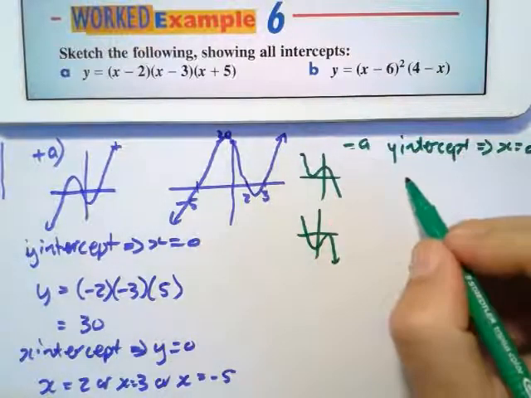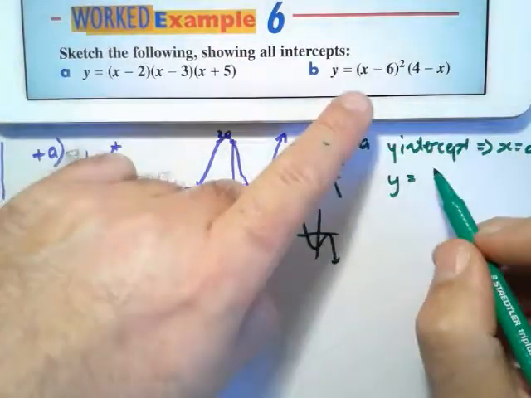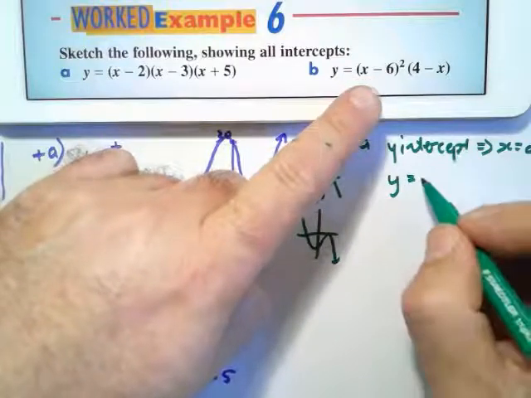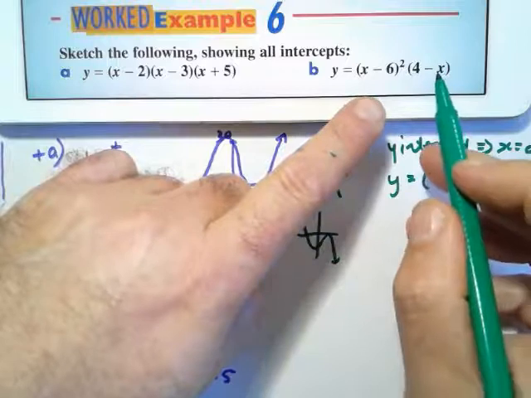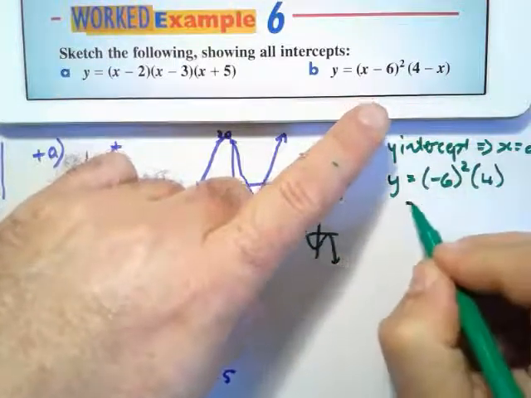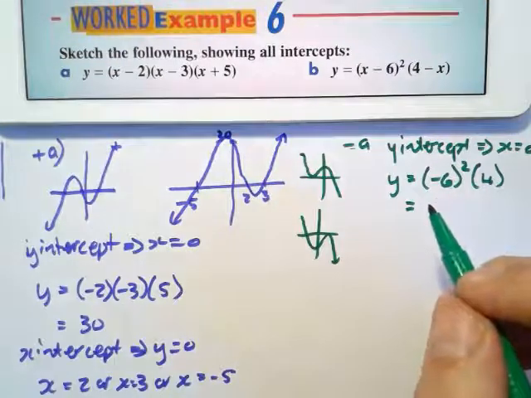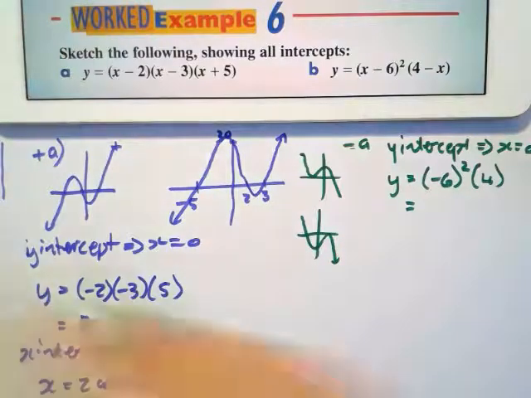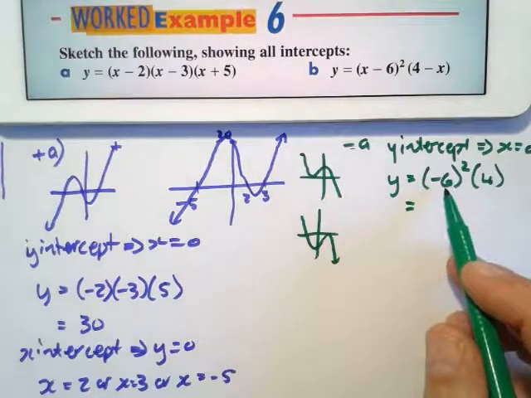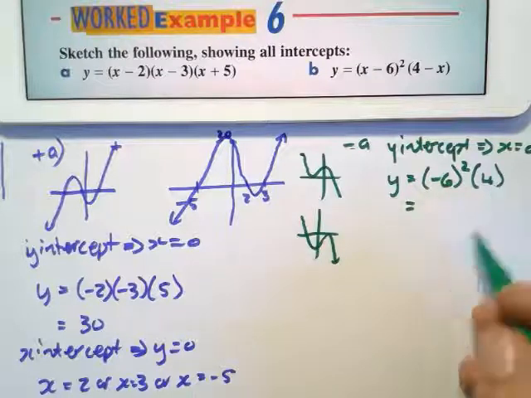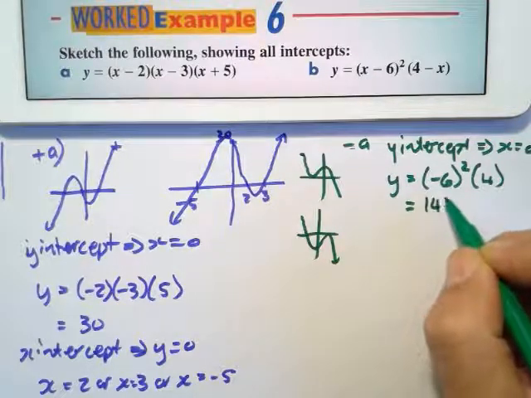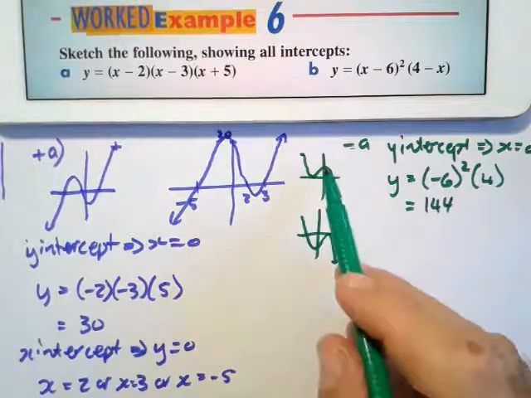So when x is 0, y equals negative 6 squared, multiplied by 4 where x is 0. Minus 6 squared is positive 36, and 36 times 4 is 144. So it's going to intercept y at 144.